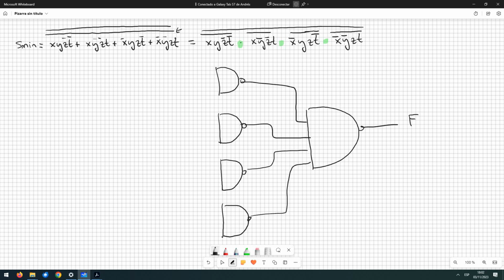So we have the variables and their negations. The variable and the negation using NAND gates.